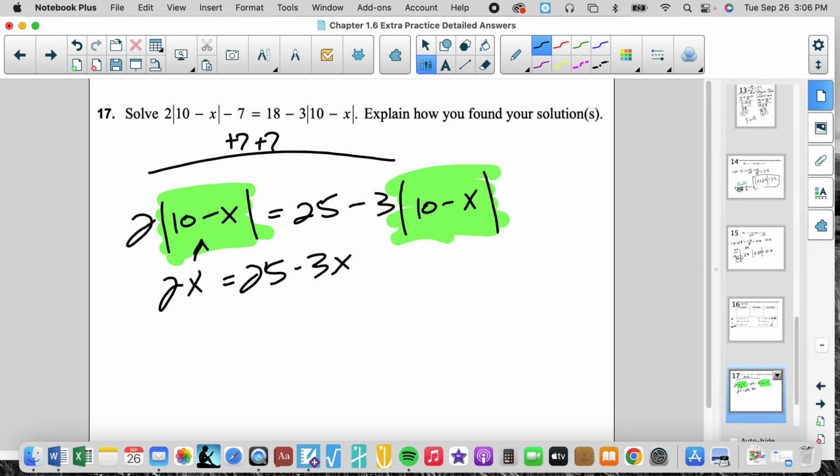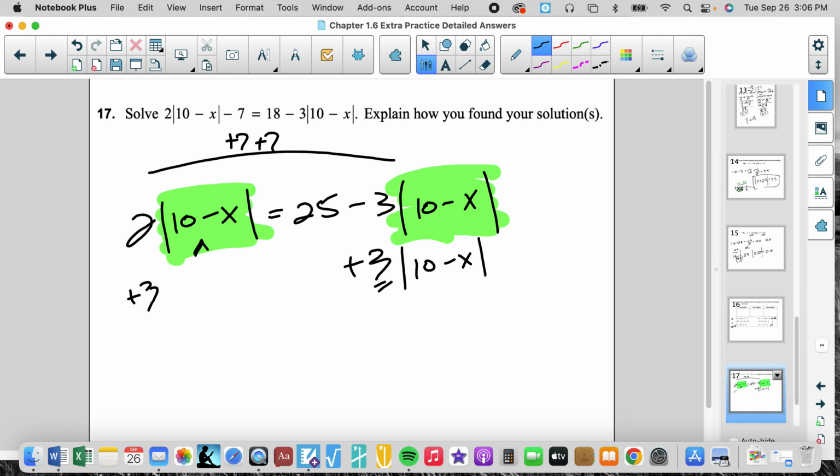So if we saw that, we would add the 3x to both sides and get 5x. What we can do is add 3 times the quantity 10 minus x, because this is just acting as a coefficient. This is a really good problem. So we get 5 times the absolute value of 10 minus x equals 25.